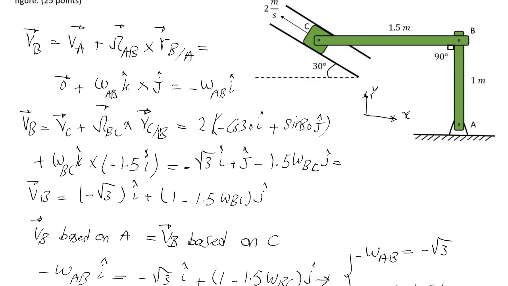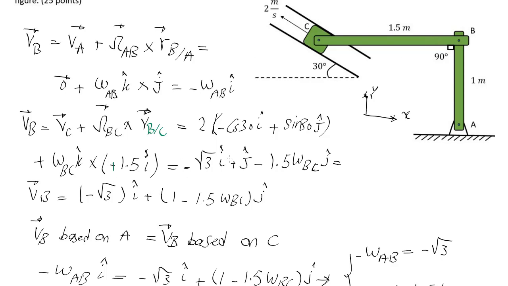So this is going to be RBC, and therefore this sign is going to be positive, so 1.5 in the positive I direction.